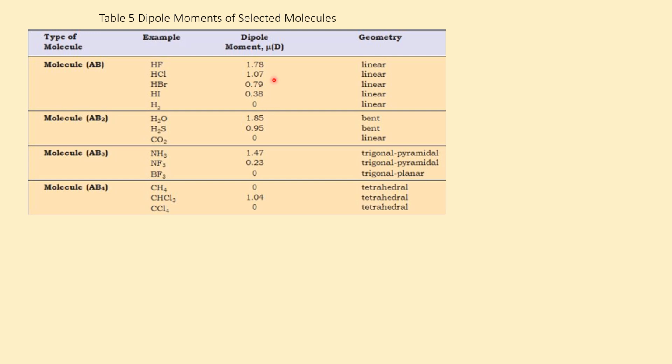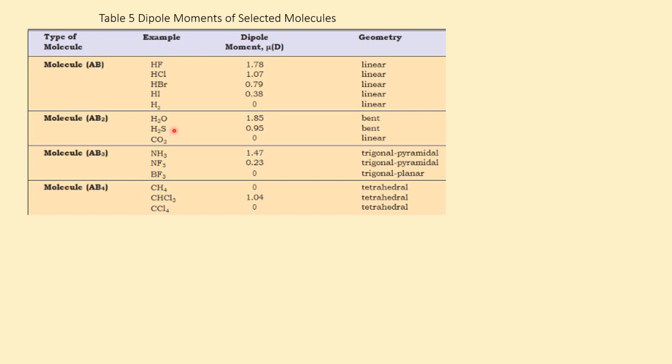The geometry of the molecule is shown as linear for HF. For HCl, it is linear. For all the AB type molecules indicated in the table, the geometry is linear. For AB2 type molecules like H2O, the dipole moment in debye is 1.85 and its Lewis structure geometry is bent.